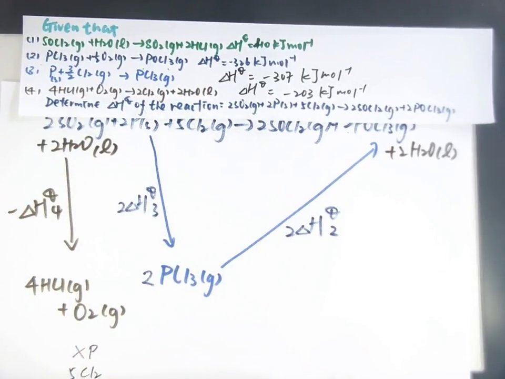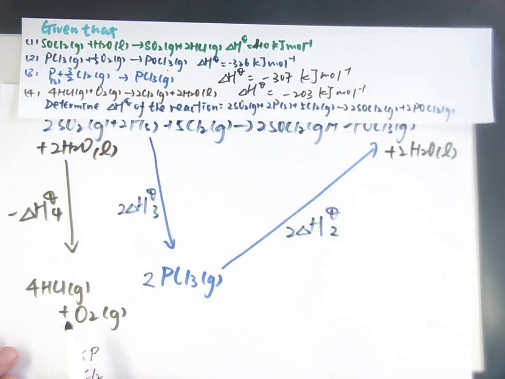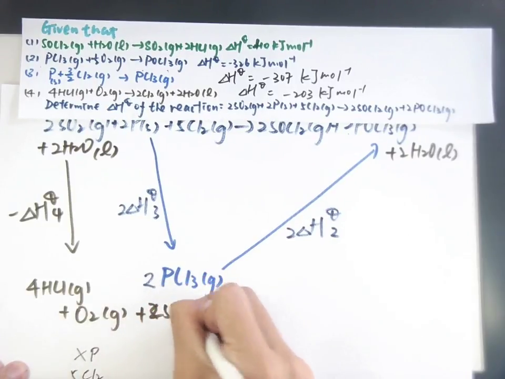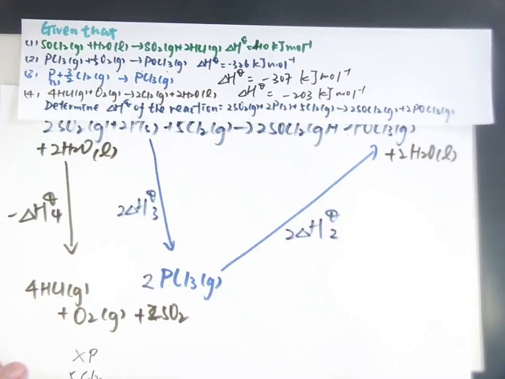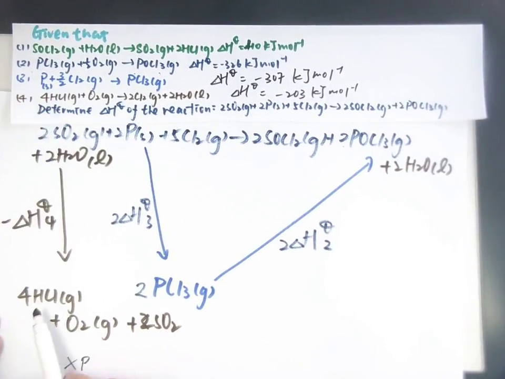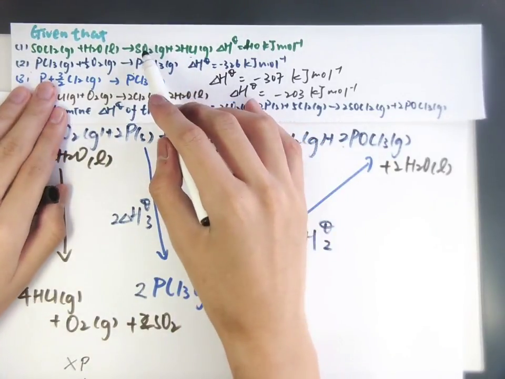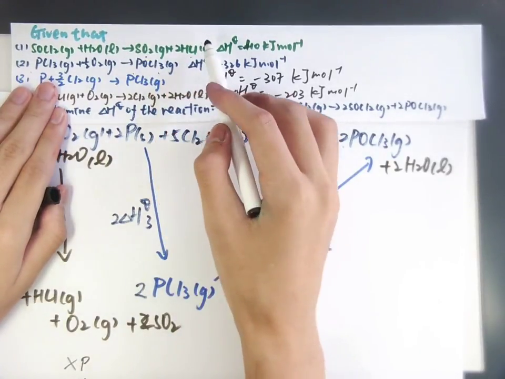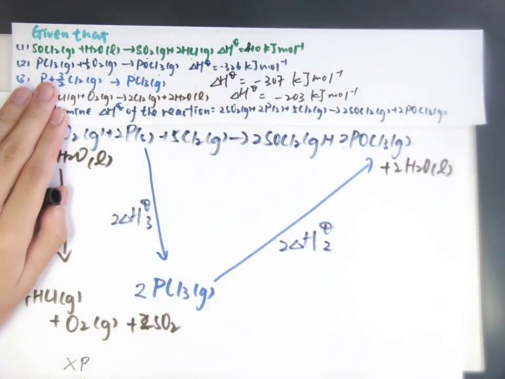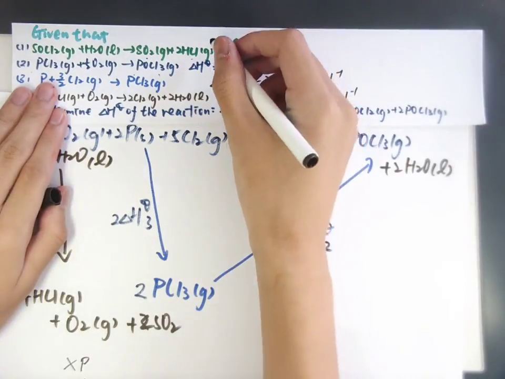Okay, now we have 4 HCl and 2 SO2 and 1 O2. So how can we do? It's actually quite easy. 4 HCl and 2 SO2, meaning that we multiply equation 1 by 2 and also reverse the equation. So that means we multiply equation 1 by negative 2.